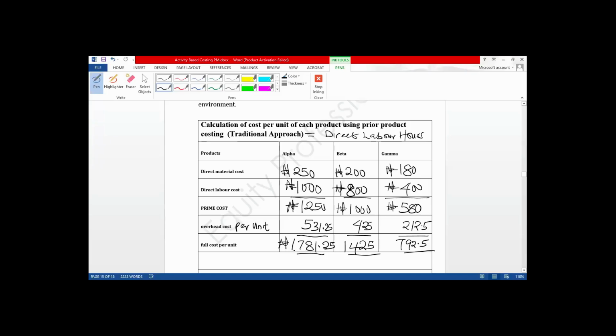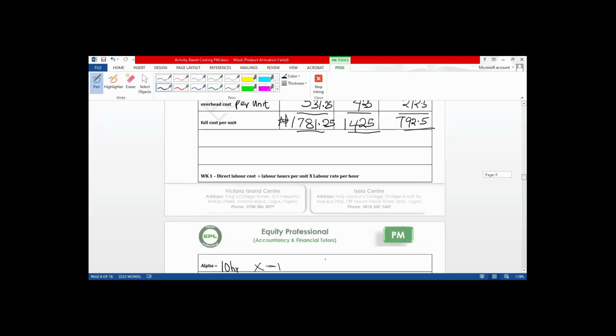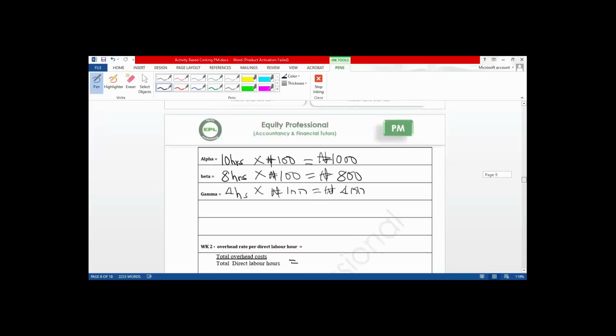The cost per unit here, 1,781.25. Please note that for beta, 1,240. For gamma, 792.5.